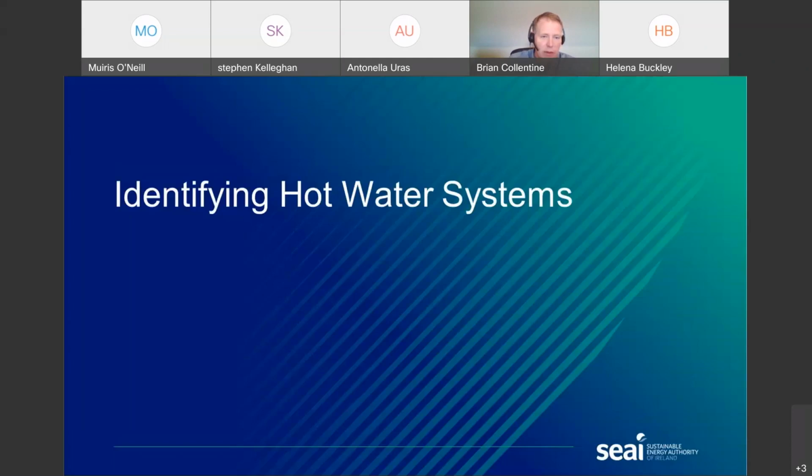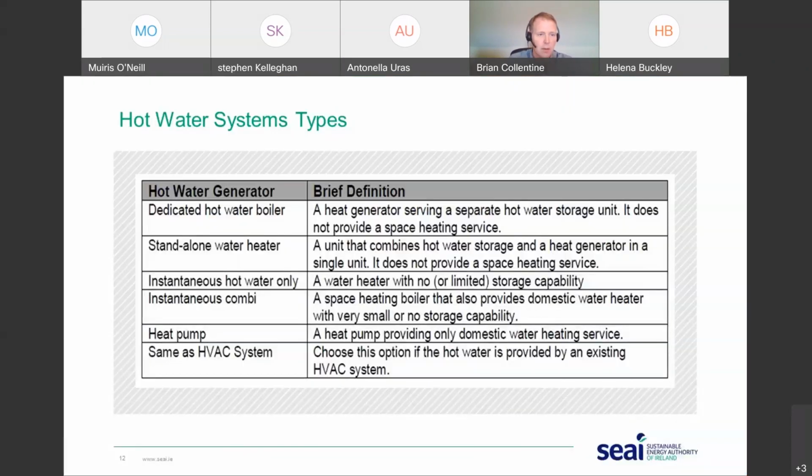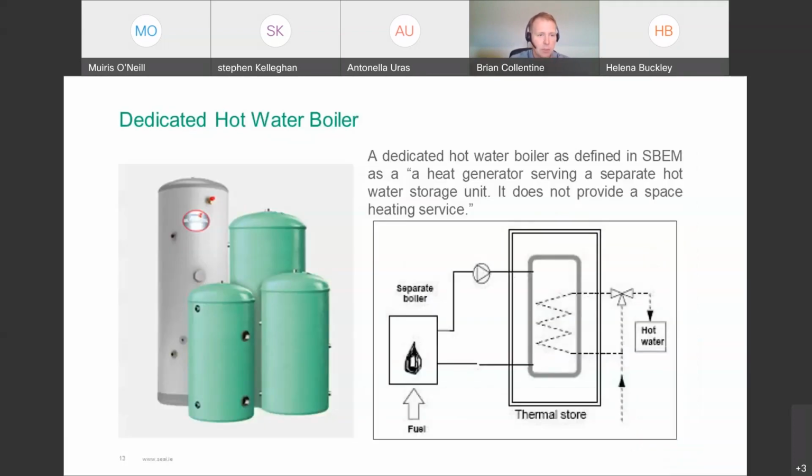In terms of identifying hot water systems, we'll discuss a little bit about that. There are 6 types: dedicated hot water boiler, standalone water heater, instantaneous hot water only, instantaneous combi, we can select heat pump, and we have same as HVAC system. We'll talk about each in detail now and the differences between them.